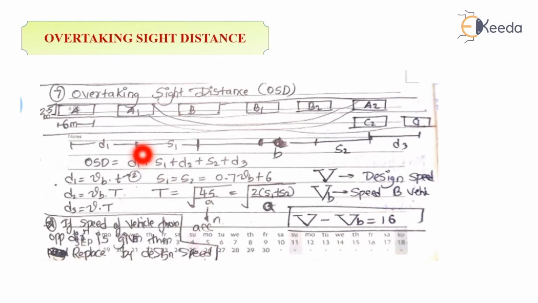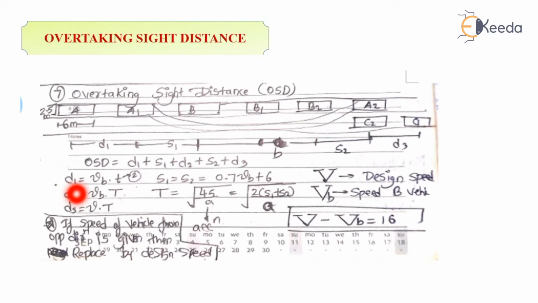So we will study what S1 and S2 are. These are both the same. S1 is equal to S2, that is 0.7 VB plus 6. 6 is nothing but the length of the vehicle, and 0.7 into VB is the empirical formula.